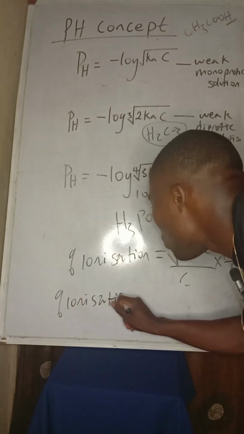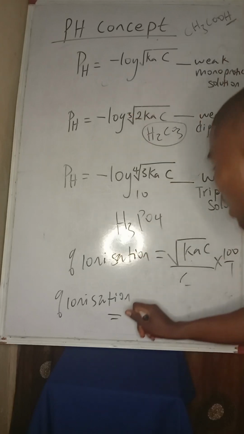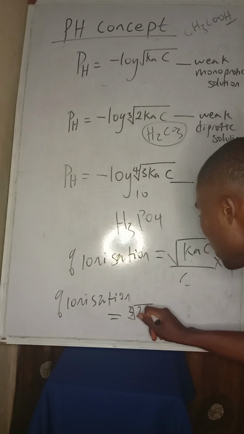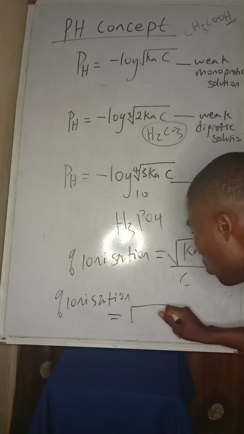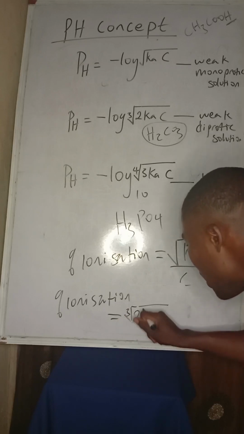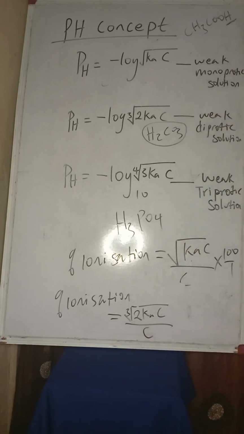The percentage ionization for the diprotic solution, using the hydrogen ion expression I explained earlier in the video, is the cube root of 2KaC over C. Then for this one, it will be the fourth root of 3KaC over C. That's how you get the percentage ionization, times 100 over 1.